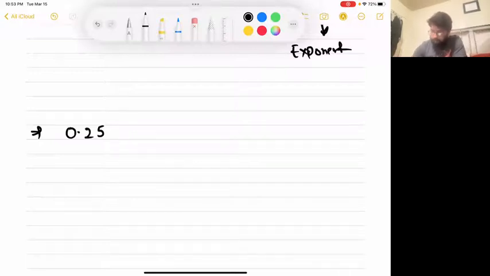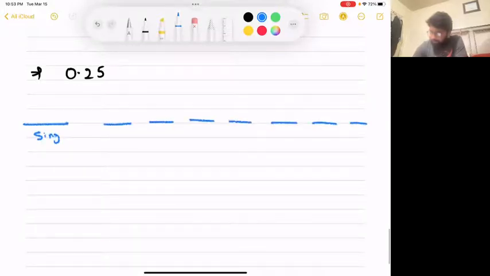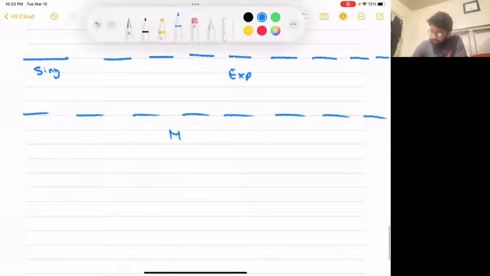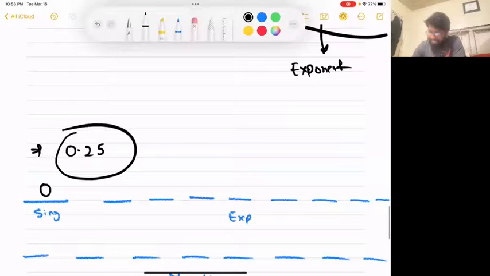All right, so let's just write the format: sign bit, exponent bits, and this. All right, so we know that it's a positive number, so we'll just write 0 here for the sign bit. That's pretty simple.